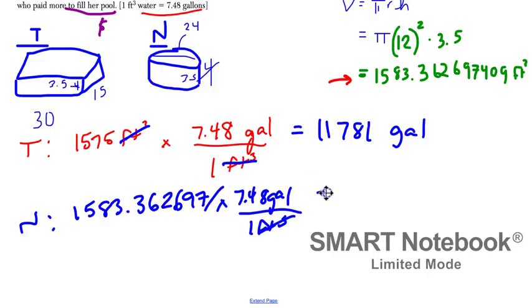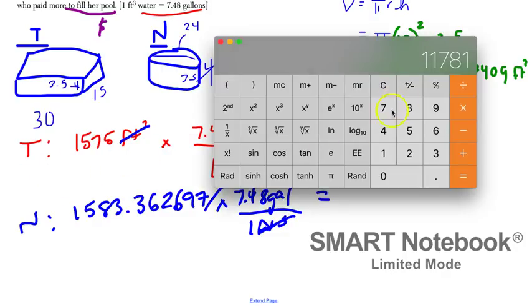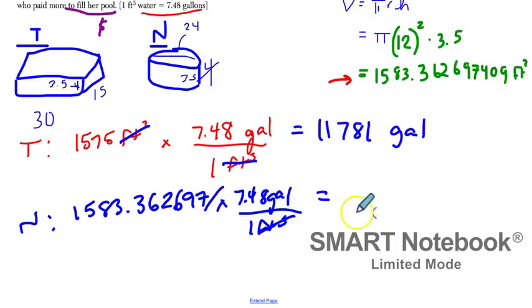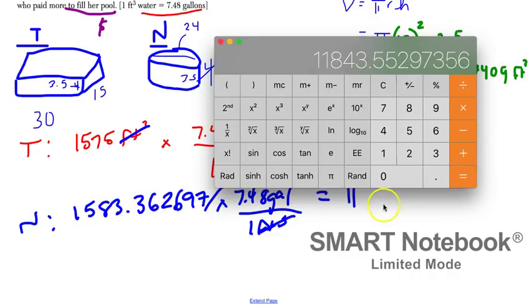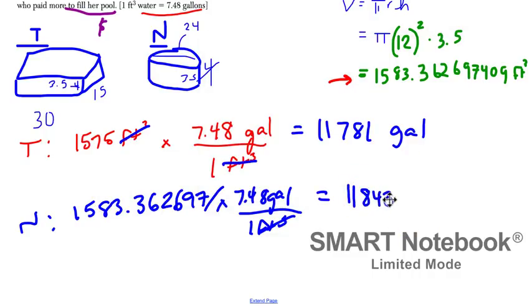So cubic feet would cancel, and we would get 1583.36269 times 7.48. 11,843.553 gallons in her pool.